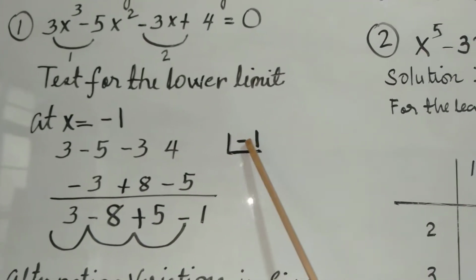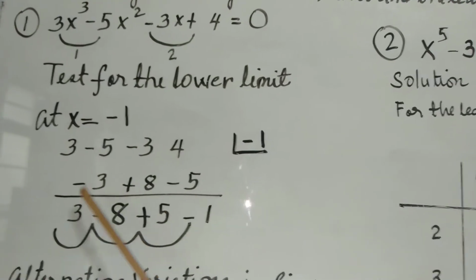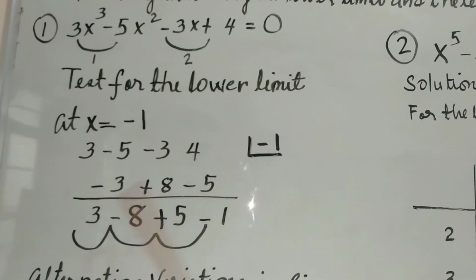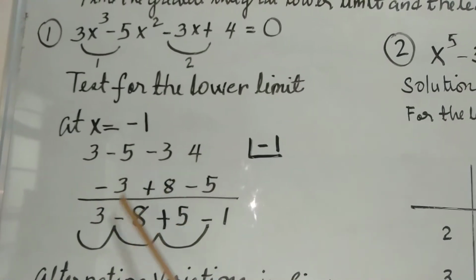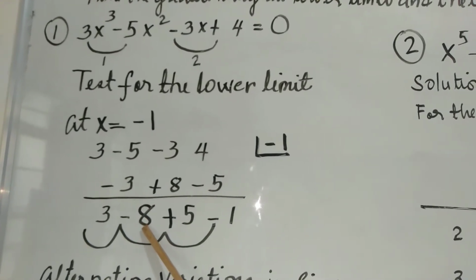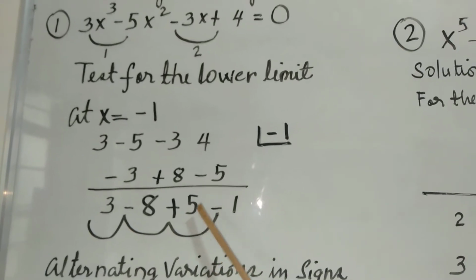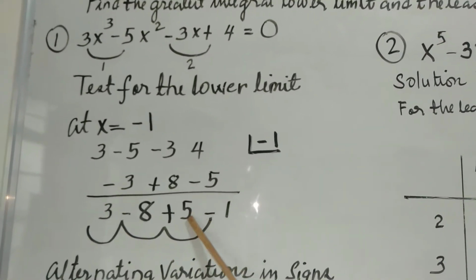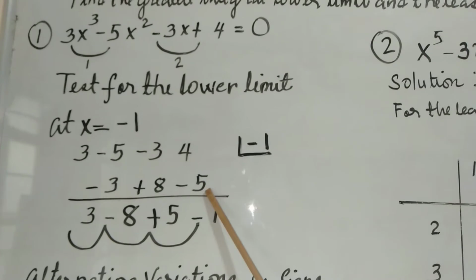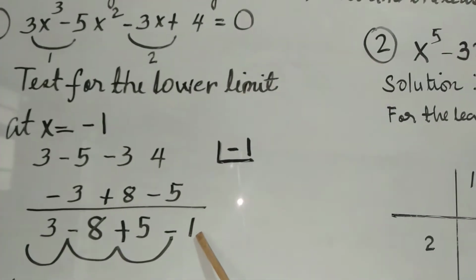So we divide that by -1. We bring down 3, times -1 is -3. We add, -8. And we multiply, +8. We add, +5. We multiply by -1 is -5. And we add again, -1.